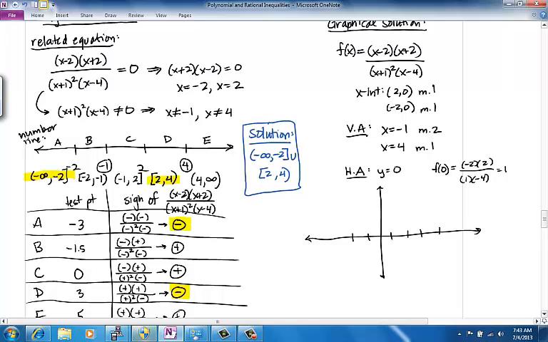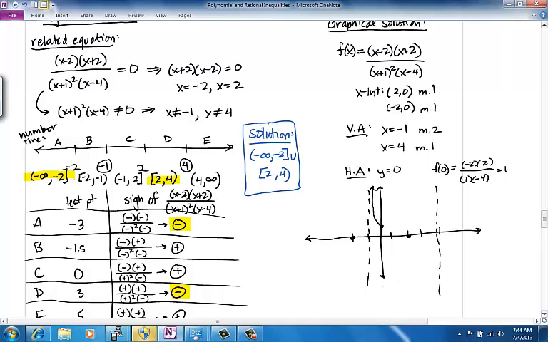So x-intercepts at 2 and negative 2, vertical asymptotes at negative 1 and 4. f of 0 is 1, and there's a horizontal asymptote on the x-axis. So moving from this y-intercept, if I go to the left, I have to go up because I don't have a place to cross the x-axis.